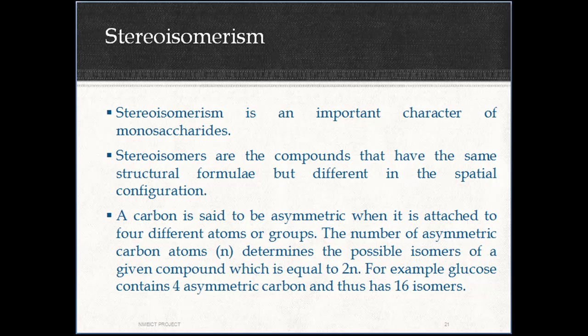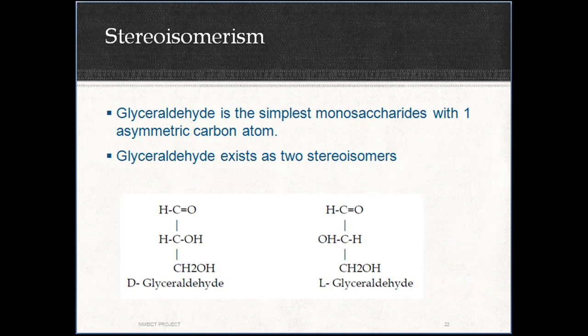Glyceraldehyde is the simplest monosaccharide, an example of a triose with 1 asymmetric carbon atom. Glyceraldehyde exists as 2 stereoisomers. The D and L isomers are the mirror image of each other: D-glyceraldehyde and L-glyceraldehyde.